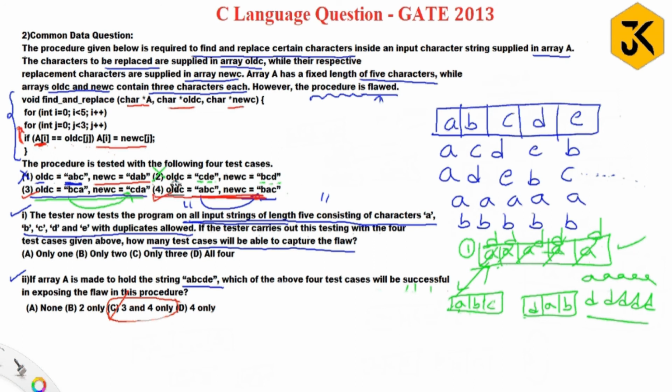Similarly, according to test case 2, test case 3, and test case 4, we need to solve. Here you need to use your common sense to answer this. For the input A, B, C, D, E, test case 3 and test case 4 are already identifying the flaw.